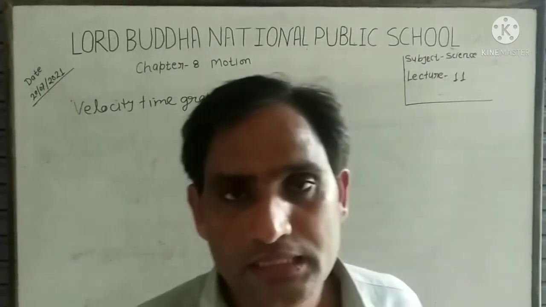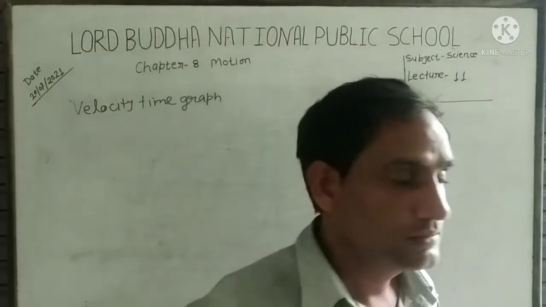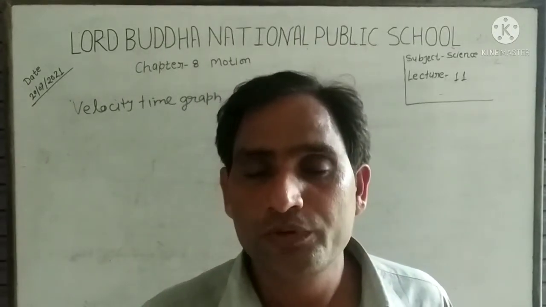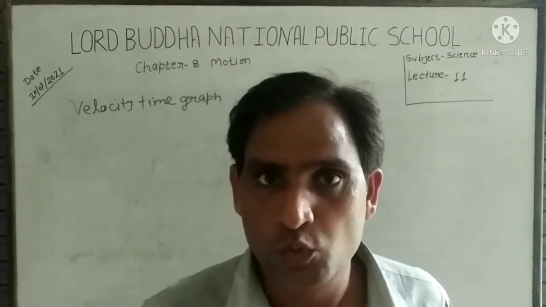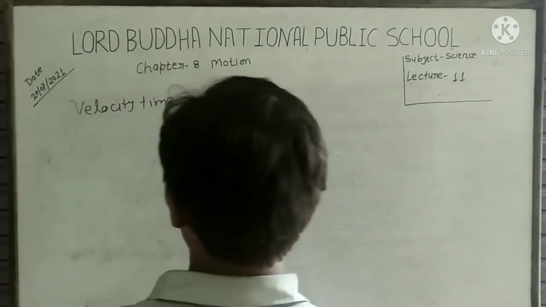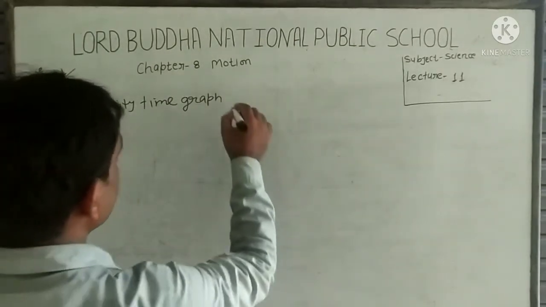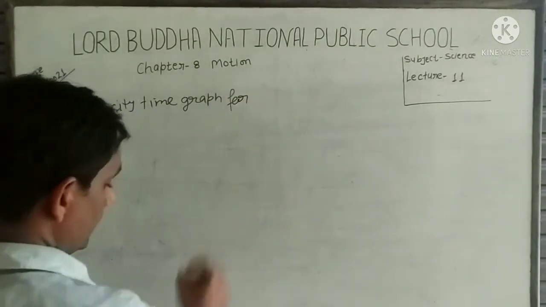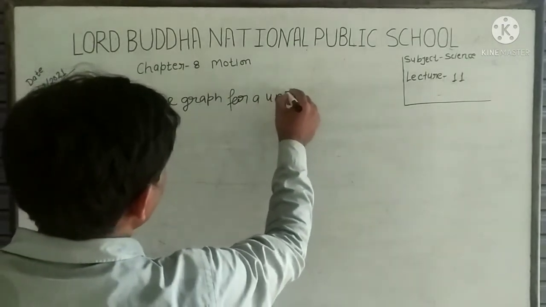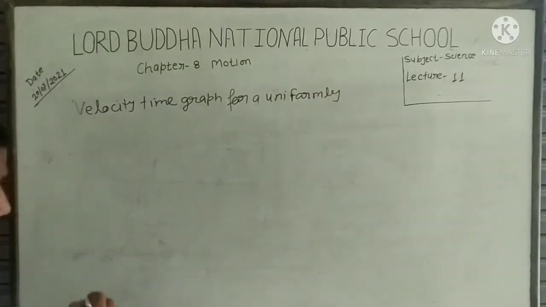In previous lecture we learned to draw the velocity time graph. Clear? In this lecture we will learn to draw the velocity time graph for the object moving with accelerated motion. Okay? Now, velocity time graph for a uniformly accelerated motion.